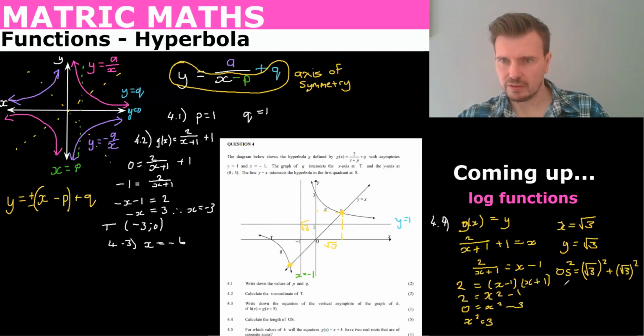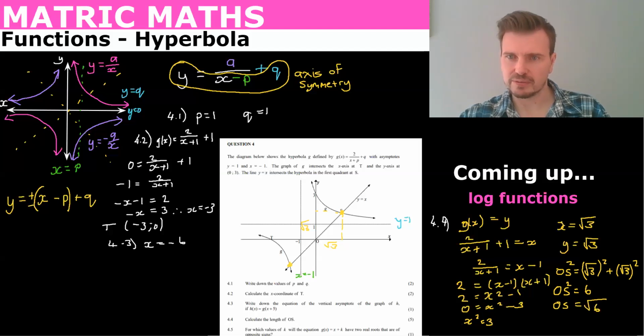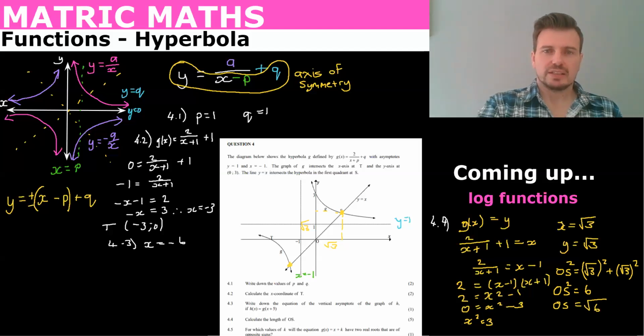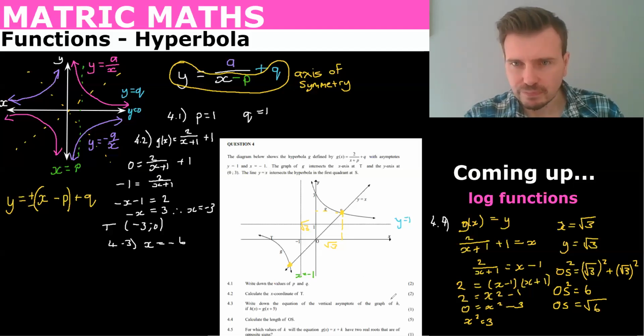So OS squared is equal to, when we square that, 3 plus 3, which is 6. And so OS is equal to the square root of 6. Okay, so that is 4.4. There is a 4.5 as well.